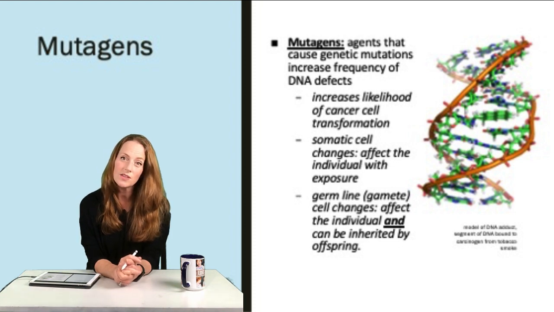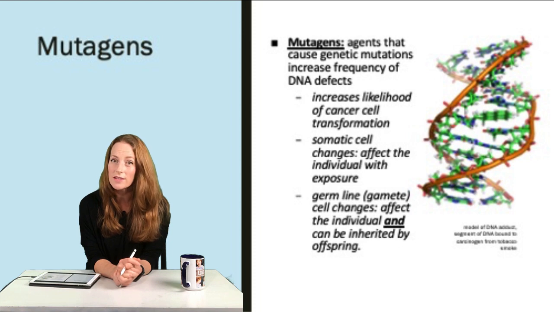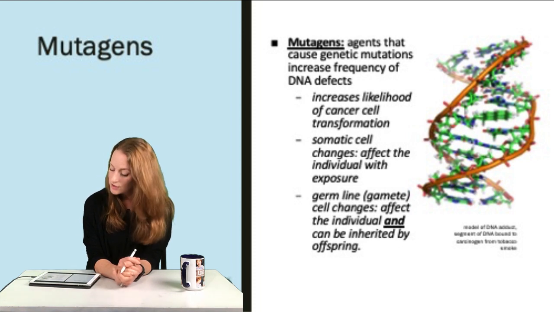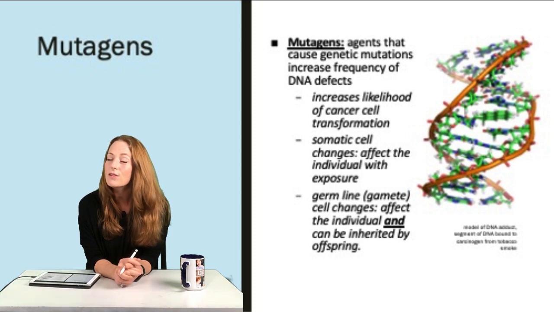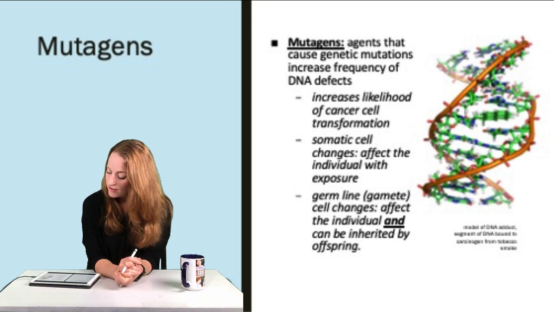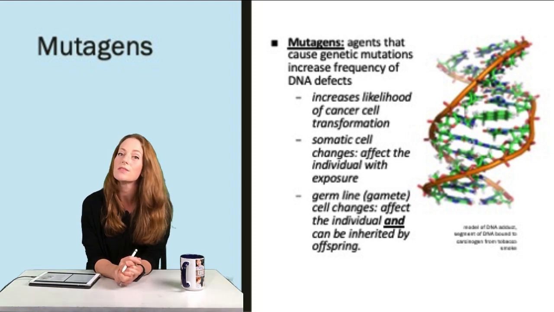One of the ways in which these genetic mutations can happen is through exposure to mutagens in the environment. Mutagens are agents that cause genetic mutations and increase the frequency of DNA defects. They increase the likelihood of cancer cell transformation.